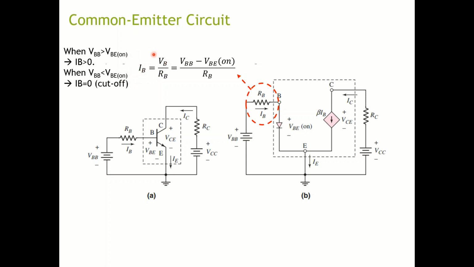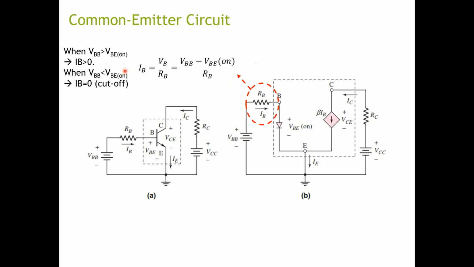To find the base voltage, you have to see where the two nodes are. The first node is VBB, and the second node is VBE. When you have the two nodes, you can just subtract VBE on from VBB to get the voltage across the base. So here is our equation for the base current.